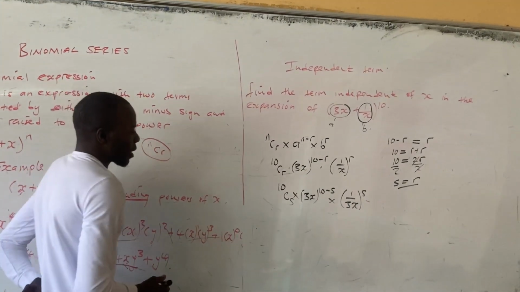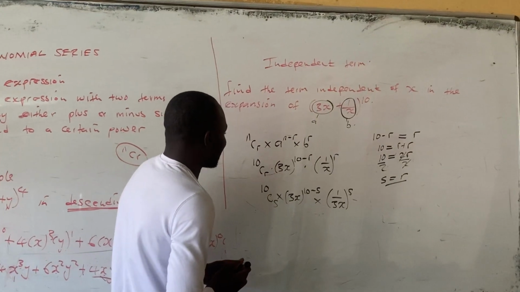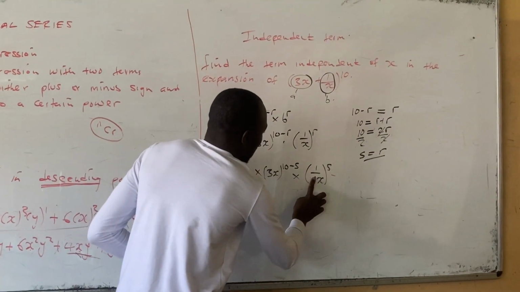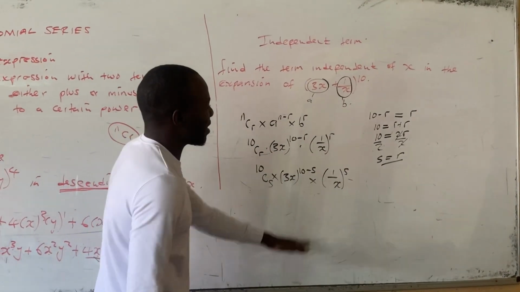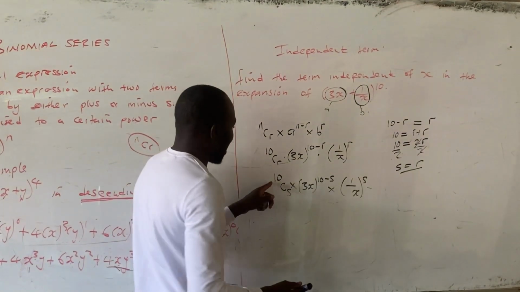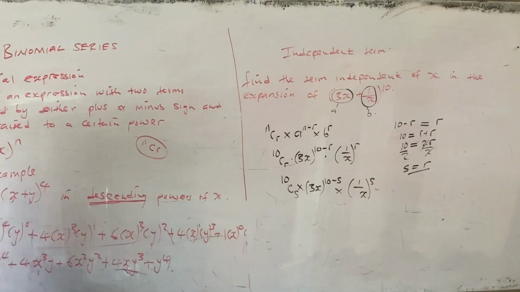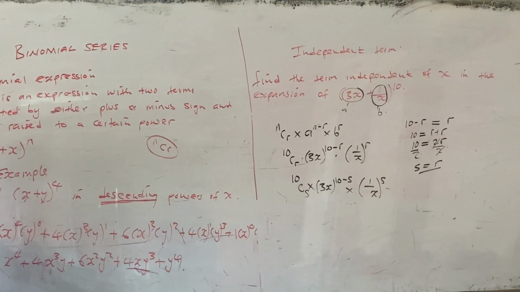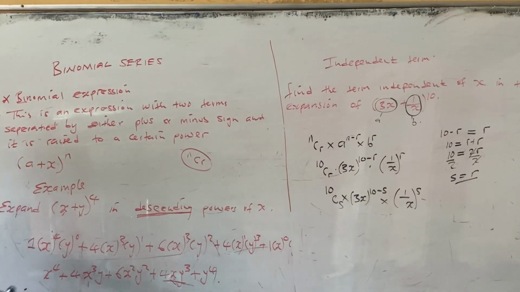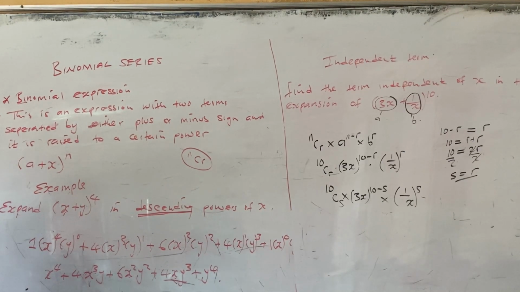Is it not 1 over x? Oh, 1 over x, thank you very much. So now what do we do? 10 combined 5, you can punch on the calculator.